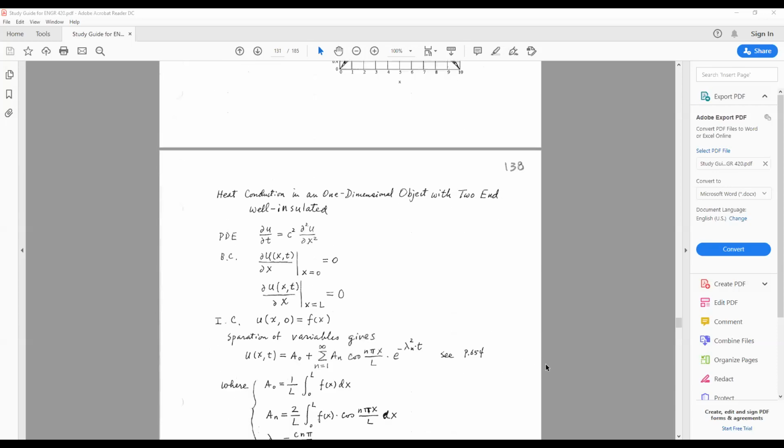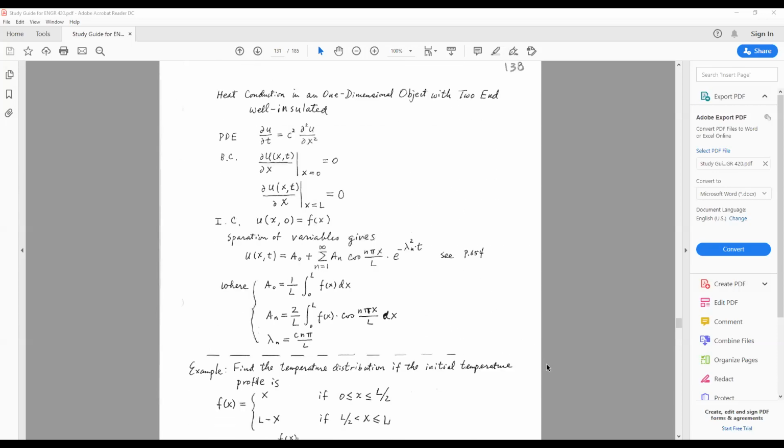Okay. Now, this is a summary of what we discussed for the well-insulated end. So the governing equation is the same for the PDE. This is for the heat energy balance inside the object.